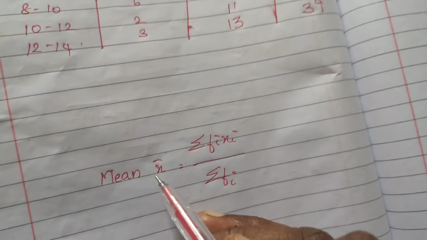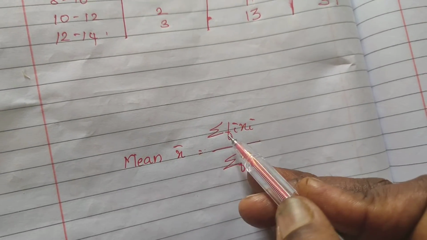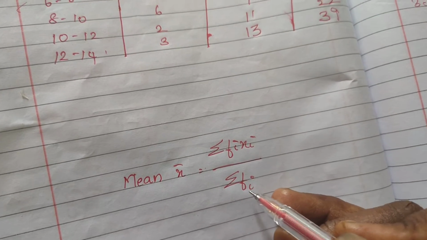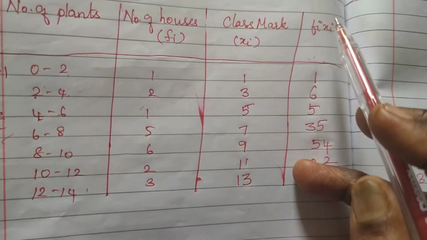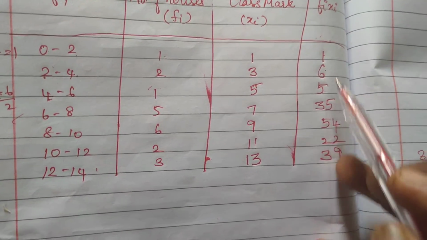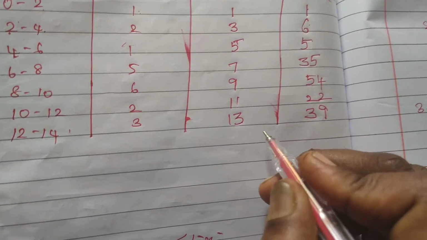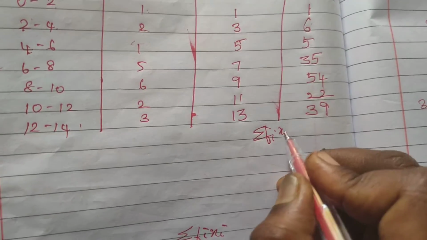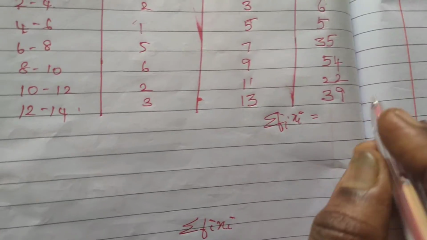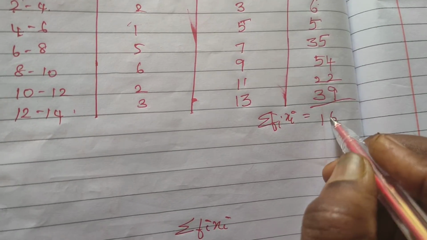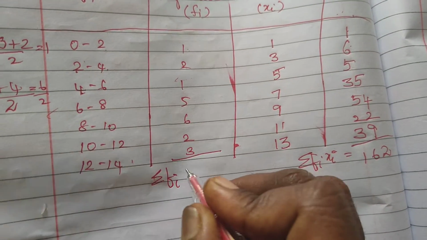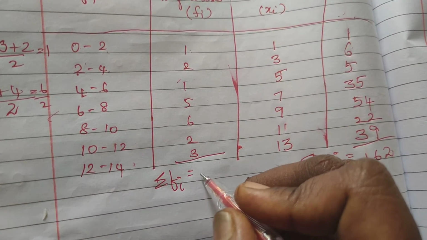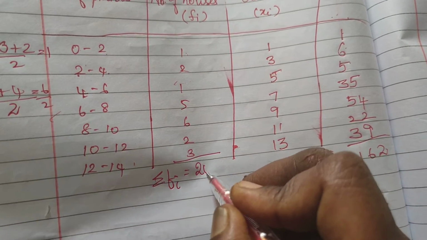To find the mean, you need sigma fi xi divided by sigma fi. Sigma is nothing but the summation, adding everything. When you add all the fi xi values, you get sigma fi xi equal to 162. Similarly, sigma fi is adding all the frequencies, which is 20.